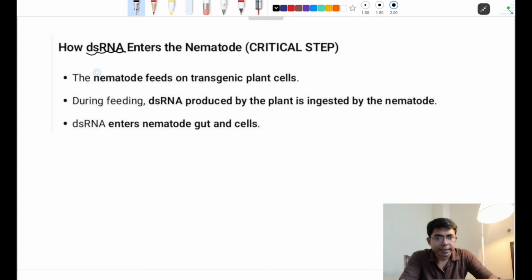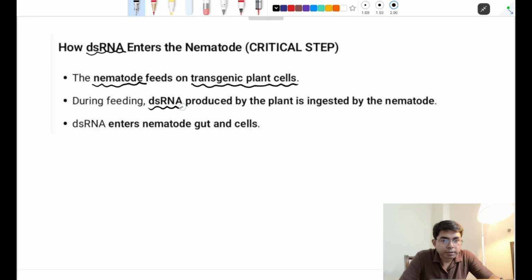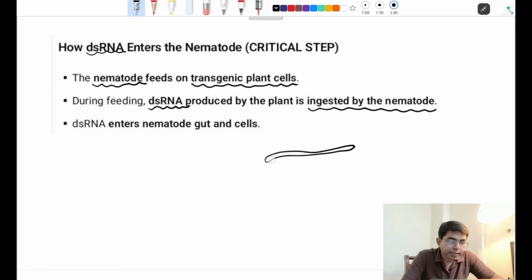Understand, we have already seen that the nematode attacks the tobacco plant. Which part does it attack? It attacks the root. So it feeds on the transgenic plant, and when it feeds on the transgenic plant, the double-stranded RNA produced is ingested by the nematode. So let's say if this is the nematode and it attacks the root, it will ingest the double-stranded RNA.